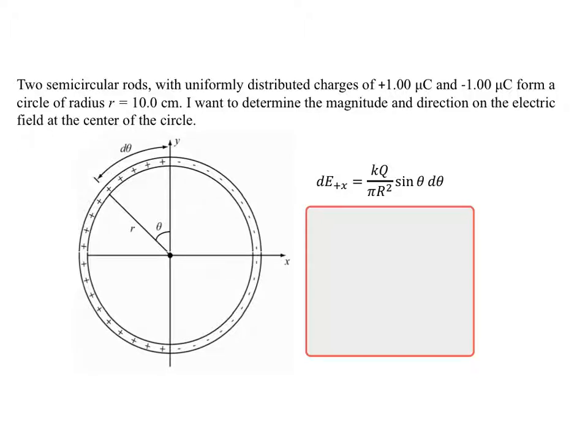First, I just want to float that equation out there, given that we already worked this out. Is it surprising that the differential in the plus x direction will have this kq per pi r squared thing?